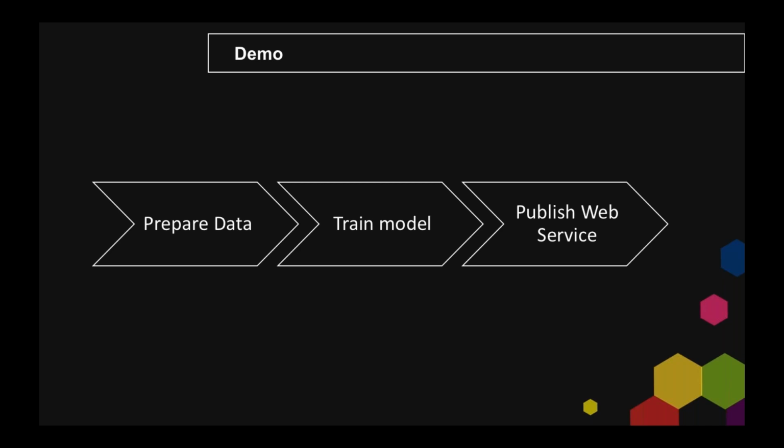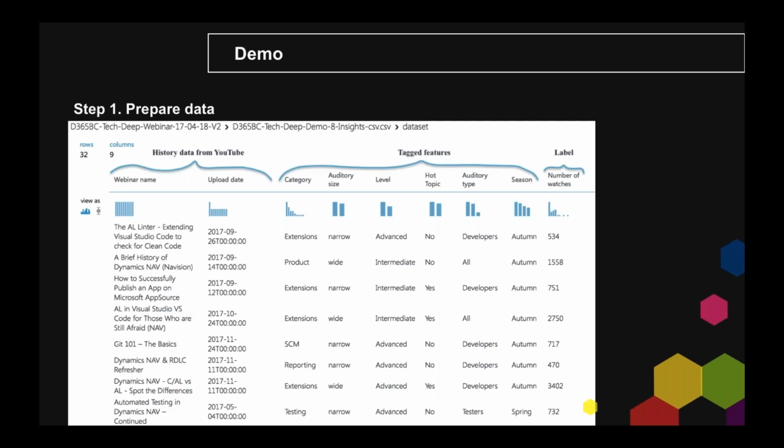I will not show you a demo of how we make this in Machine Learning Studio because of the time. I have some screenshots here. This is history data. So we have history data from YouTube, but to make some forecasting, it's not enough.